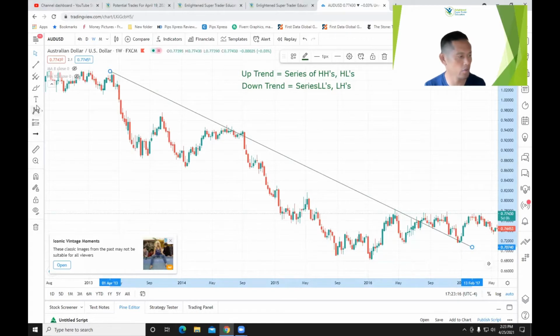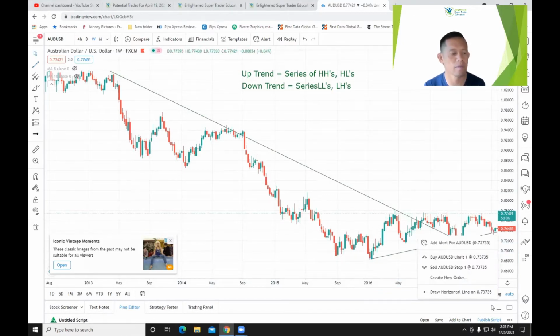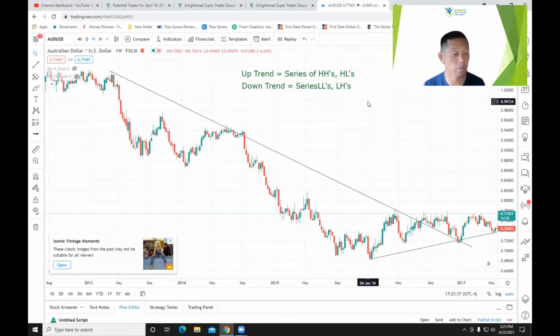If you simply connect as many lower highs as possible, that's how you draw an uptrend line and a downtrend line. To draw a downtrend line is simply connecting all the lower highs, and to draw an uptrend line, you connect all the higher lows.